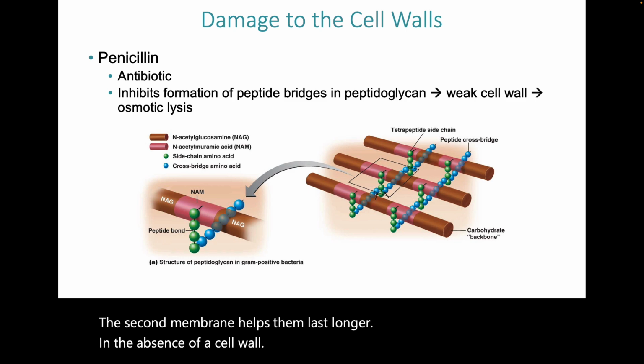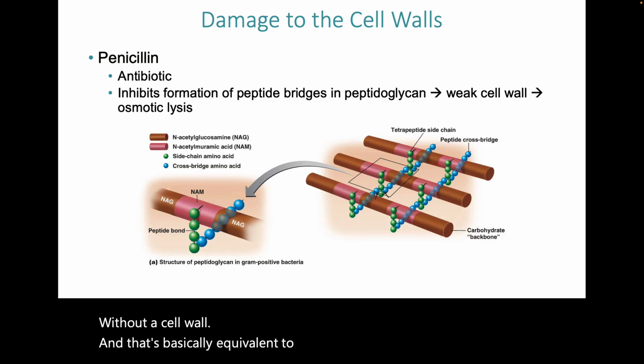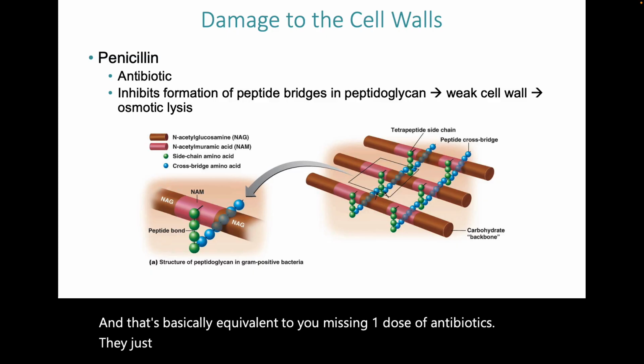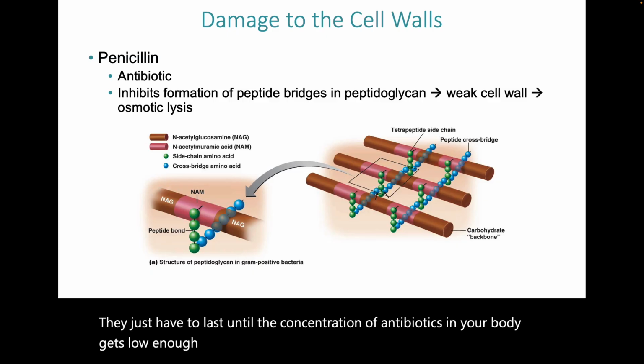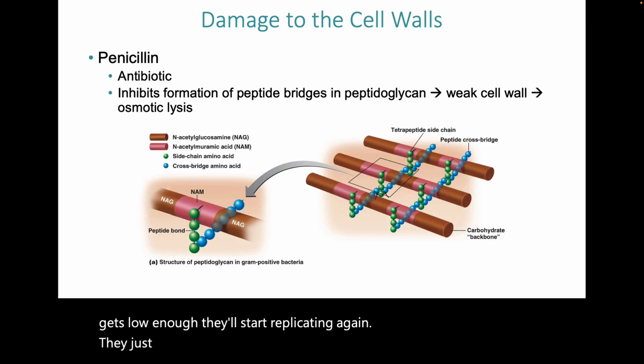They can sometimes last hours without a cell wall. And that's basically equivalent to you missing one dose of antibiotics. They just have to last until the concentration of antibiotics in your body gets low enough, and they'll start replicating again. They just have to outlast you. And they will. They're very good at it.